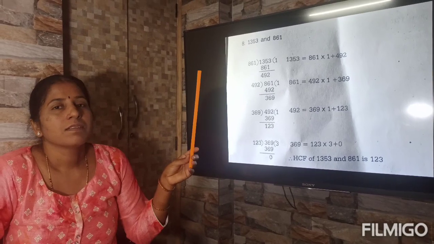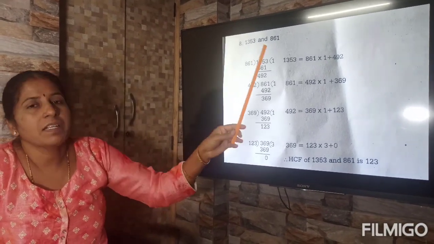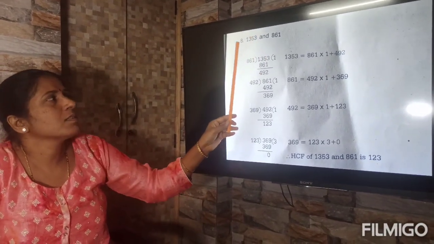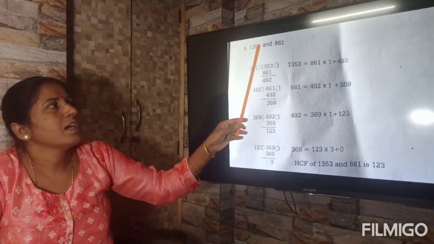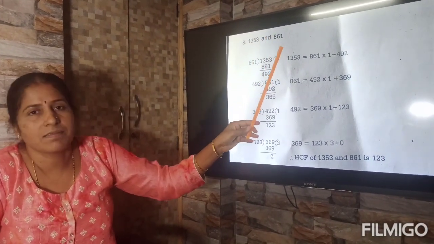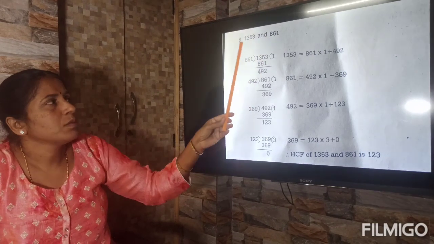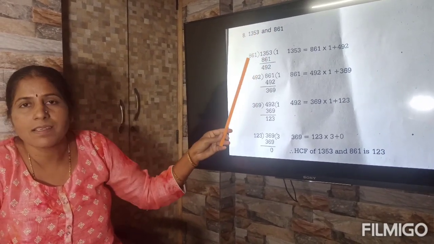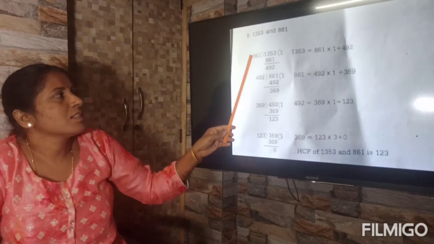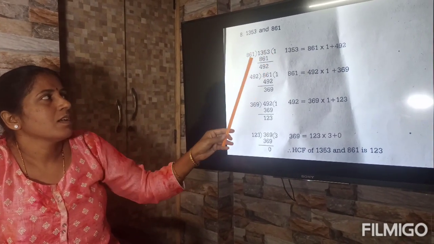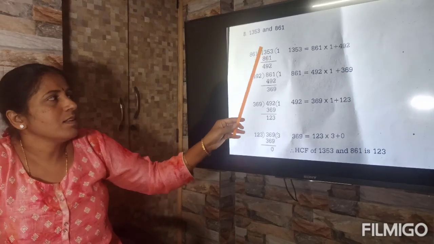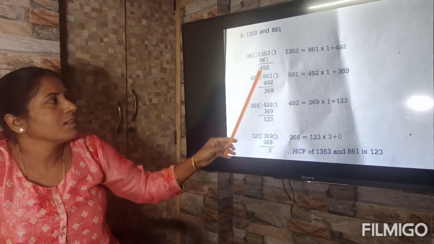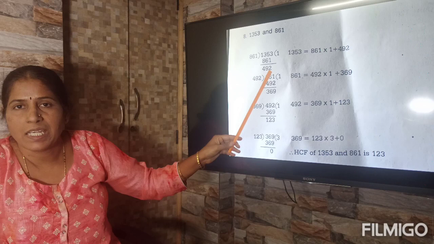Next sum, find the HCF of the given two numbers 1353 and 861. In these two given numbers, I have to take the big number as a dividend and the small number as a divisor. 861 1s are 861. Then simplify this, subtract, we will get 492.